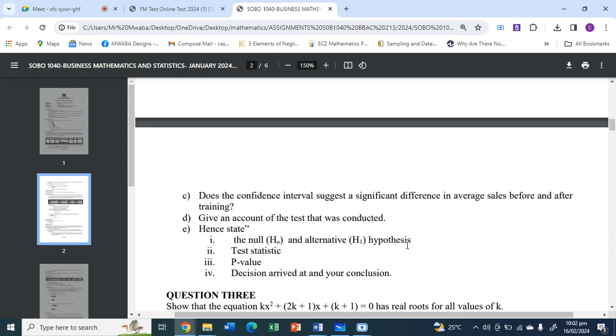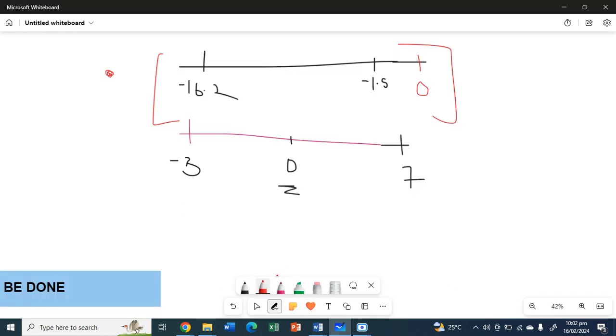So with a paired samples test, your null hypothesis, denoted as H0, is going to say there is no difference between the means. This is mu, which represents the means. You can also write it like this: mu 1 minus mu 2 equals 0.